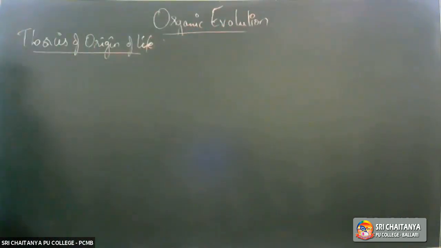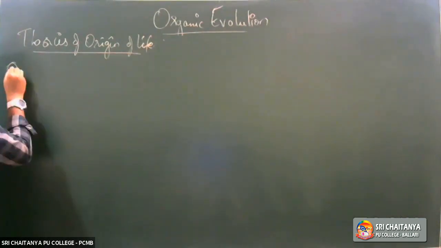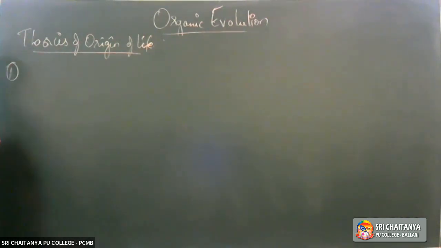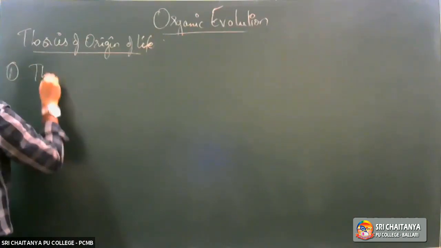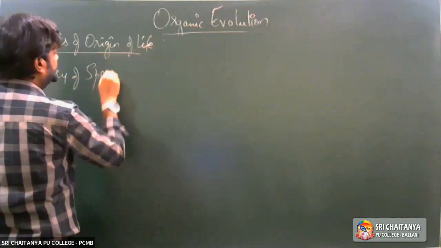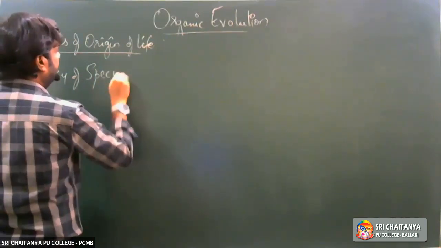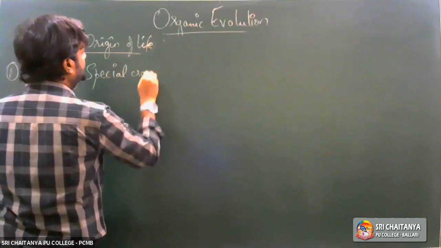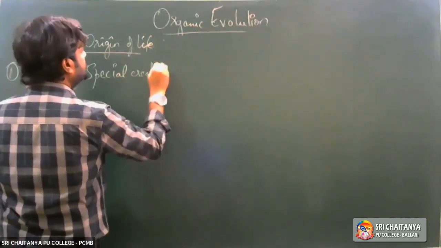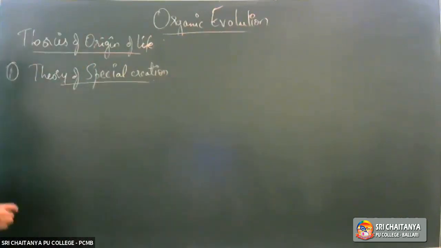Okay, the first one. Let us take up the first theory. The first theory we'll be talking about is called the theory of special creation. So this is the first theory we will study, the theory of special creation.